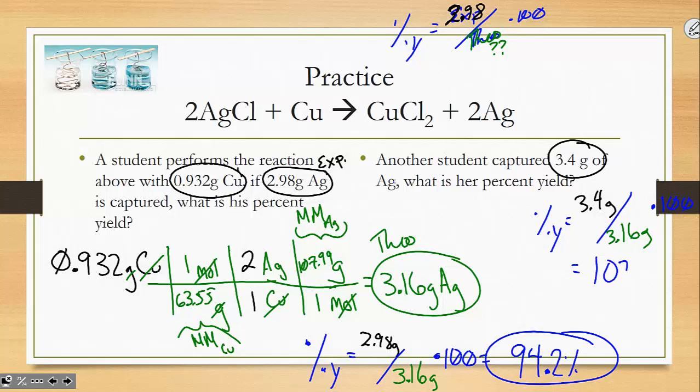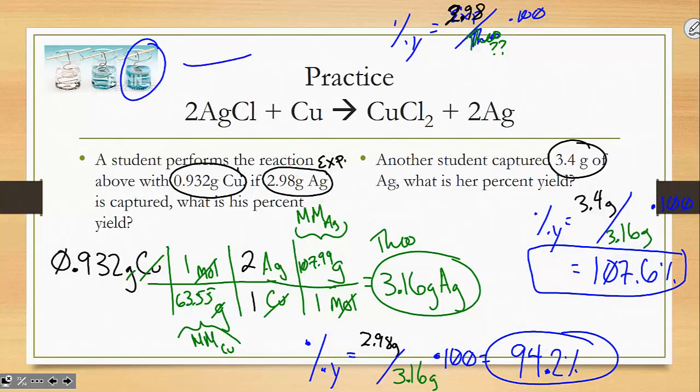Was 107.6% yield, meaning they collected more than they thought they should have. When you conduct this experiment in lab, we will have to isolate the silver. We'll put it onto a watch plate or onto a piece of filter paper, and we'll allow it to dry. The student who had over 100%, their sample must not have dried all the way. There must still be some water present.